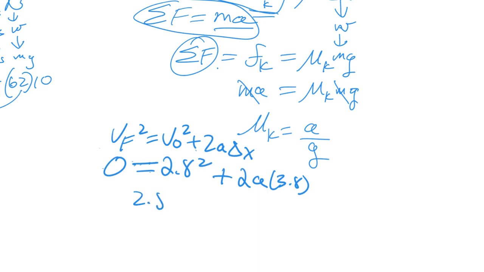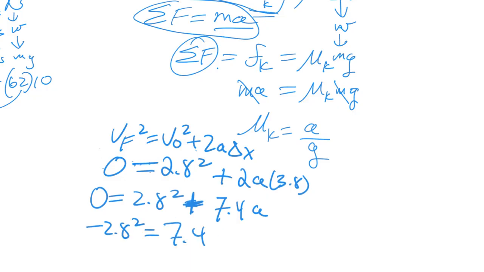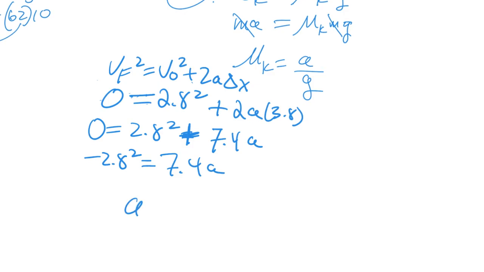So, let's show all the steps. 2.8 squared plus 7.4A equals 0. I'm going to just subtract 2.8 squared from both sides of the equation. So the acceleration equals negative 2.8 squared divided by 7.4.